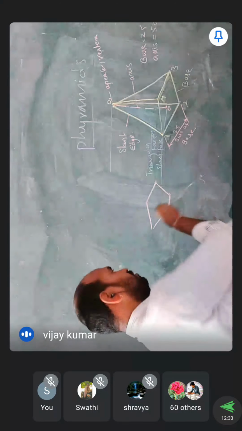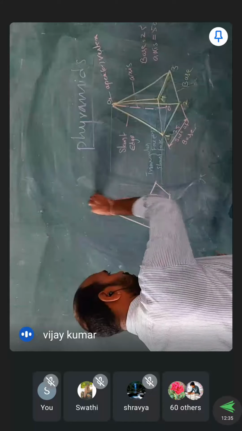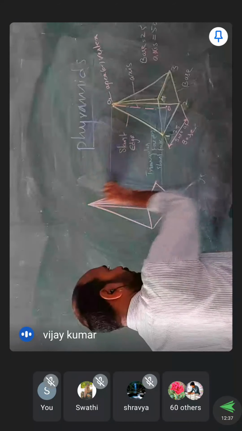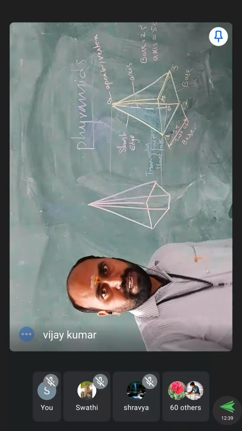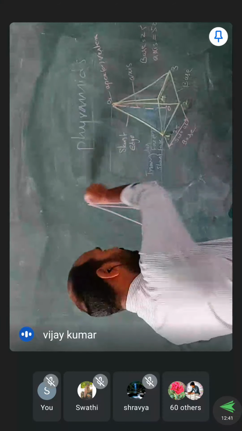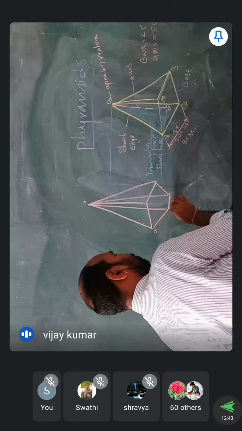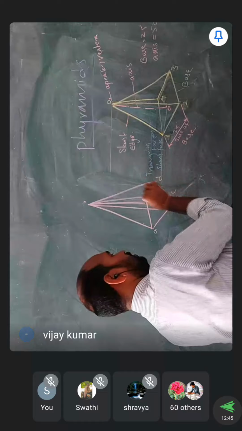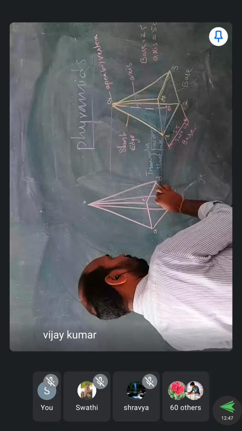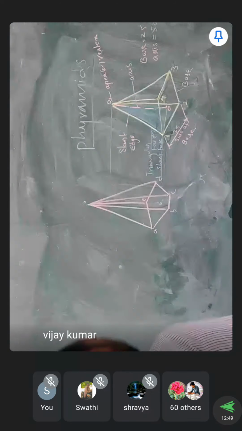This is a pentagon. All the points are joining at a particular topmost point. It is a pentagonal pyramid. In this, the apex is represented with A, B, C, D, E, and the center to center joining.